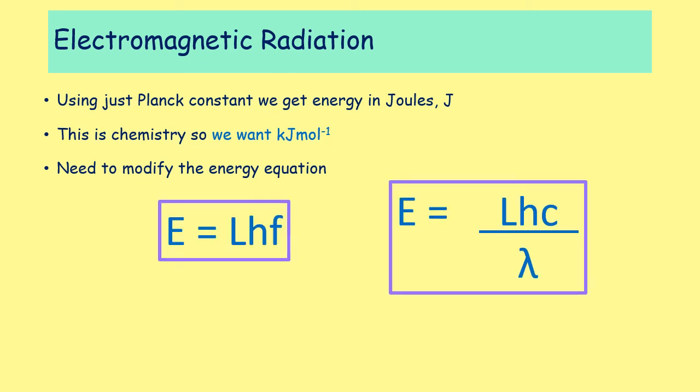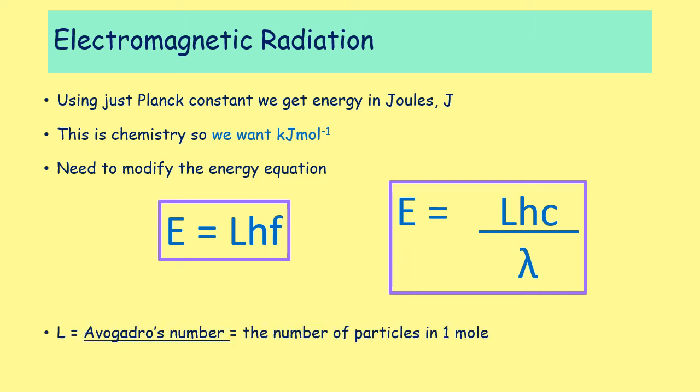So what we add in is this new letter, this capital L, in each equation. Now L is what is known as Avogadro's number. And Avogadro's number is basically the number of particles, or the number of atoms, or the number of molecules that make up 1 mole. A mole is just a quantity of things.